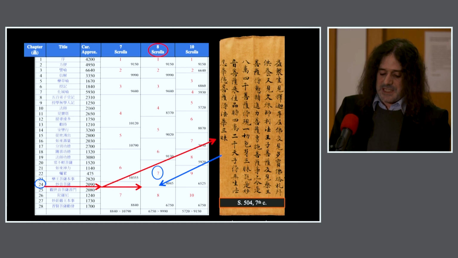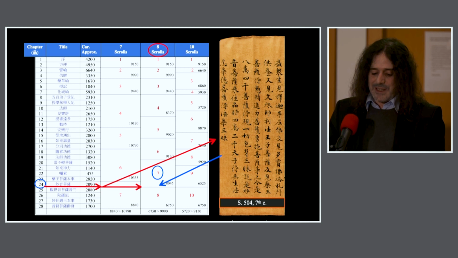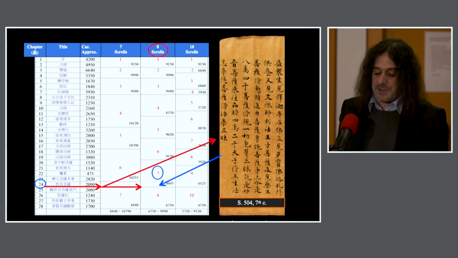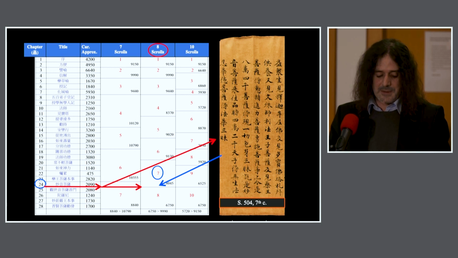And the scroll stops at the end of this chapter, as in the version in 8 scrolls, so we can argue that these are 2 fragments of the Lotus Sutra in 2 different formats that were combined together and transformed into an 8-scroll version, which was presumably considered the normalized format by the individual who produced this manuscript.